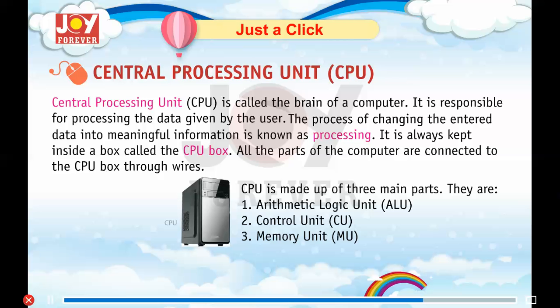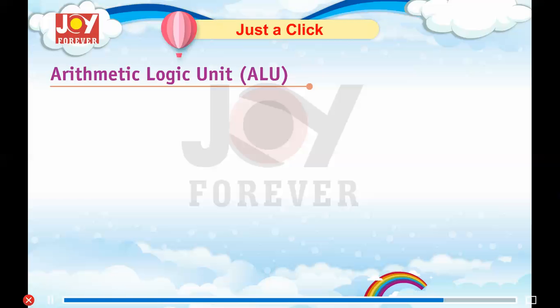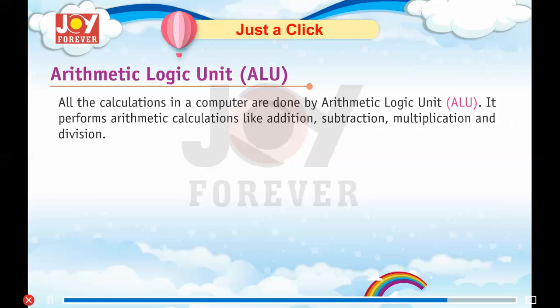The CPU is made up of three main parts. They are the Arithmetic Logic Unit (ALU), Control Unit (CU), and Memory Unit (MU). Fact: the CU controls all the components of a computer. Arithmetic Logic Unit, ALU.